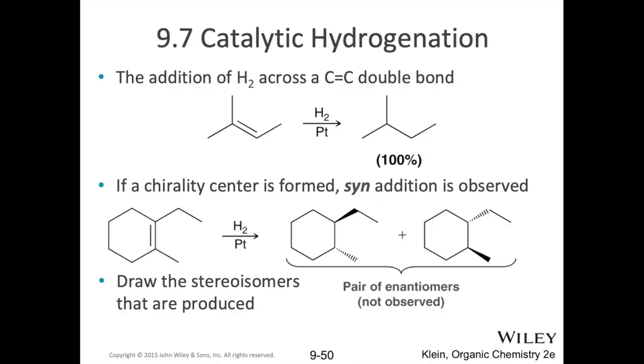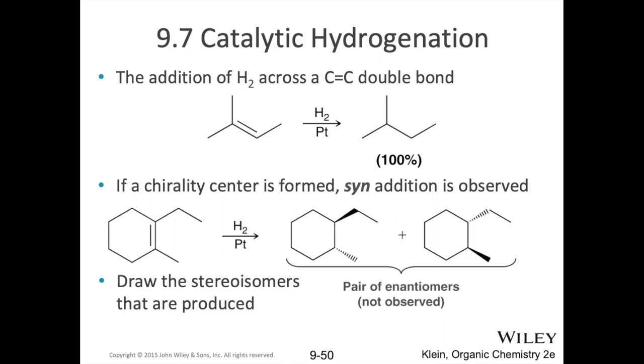Okay? Now, that being said, you still have to consider stereochemistry: are we doing a syn addition or an anti-addition? Are both of our hydrogens going to get added to the same side of the double bond or on opposite sides of the double bond?